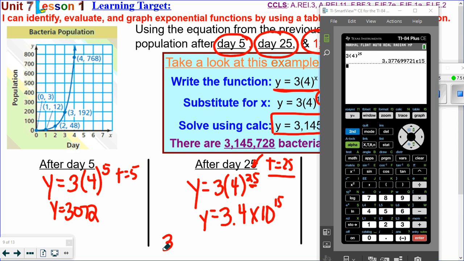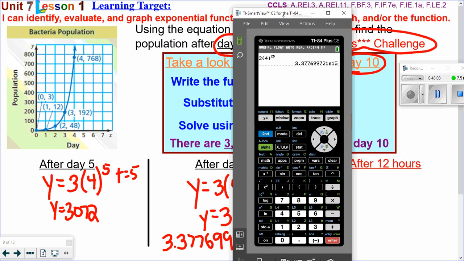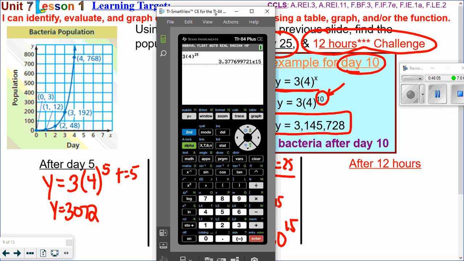Sometimes you don't want it to round, so it's 3.377699721 times 10 to the 15th power. And if you wanted that in standard form, good luck. Just move the decimal over 15 to the right and you have standard form. It's a large number.